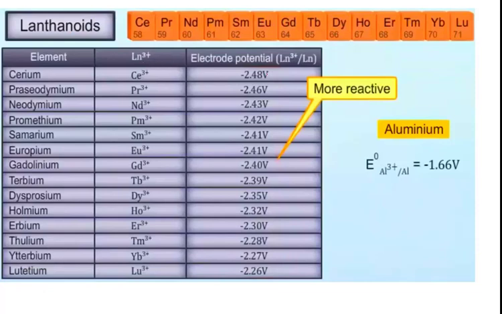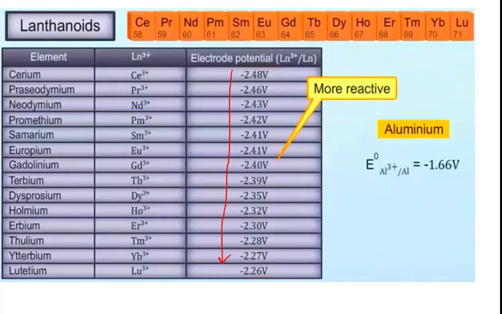On analyzing their standard reduction potential for M3+ to M, again the standard reduction potential values go on decreasing in negative along the series. This trend is again similar to the trend we have observed in transition elements, and it depends upon their oxidation state, ionization enthalpies, lattice enthalpy, and hydration enthalpies.